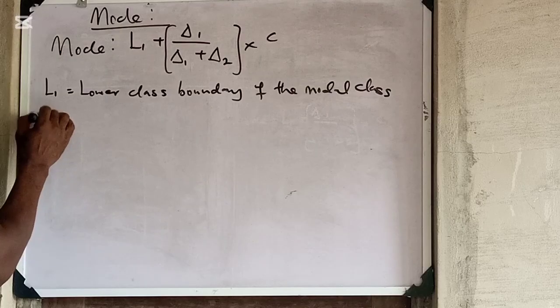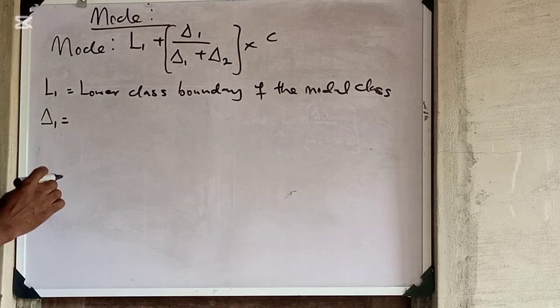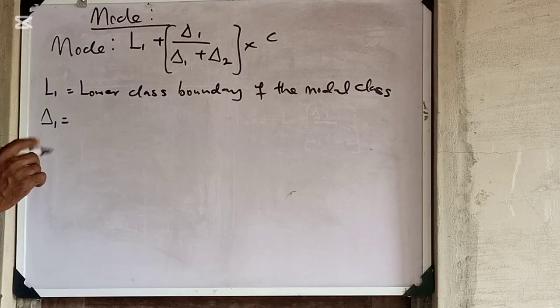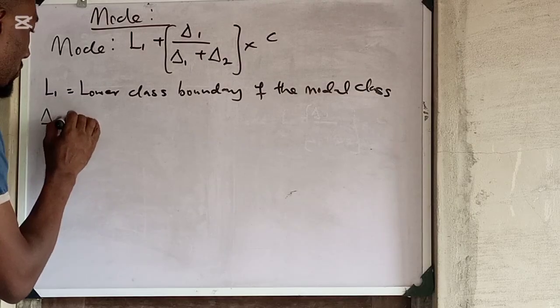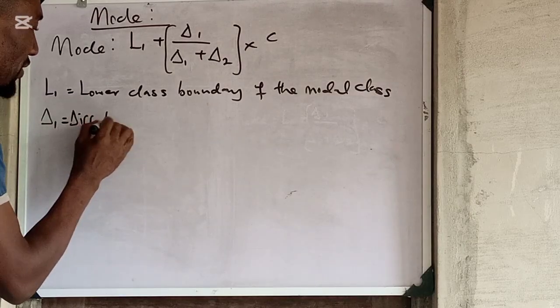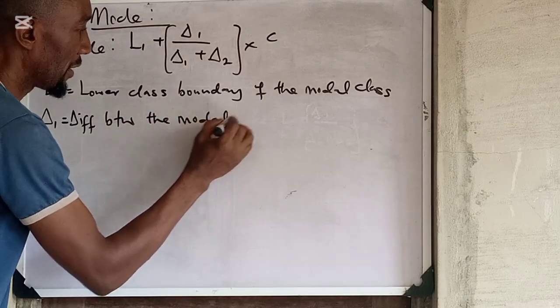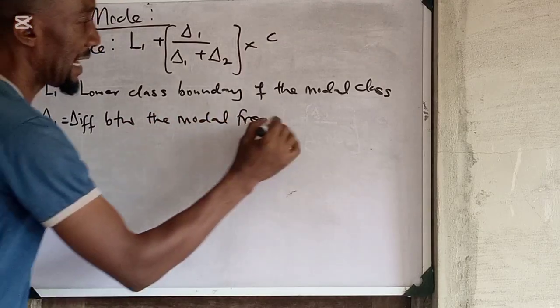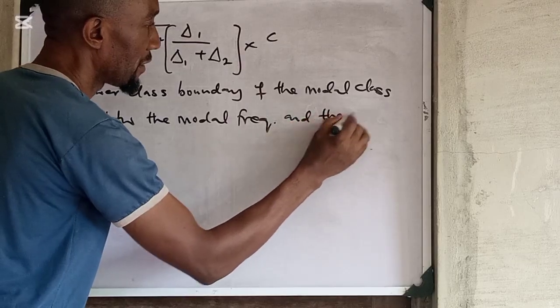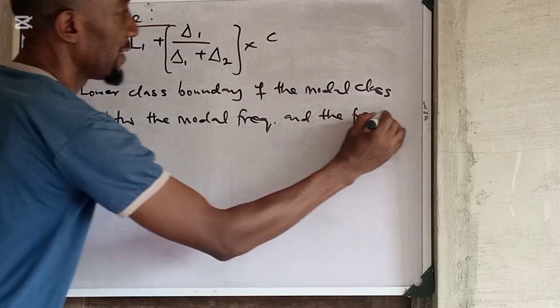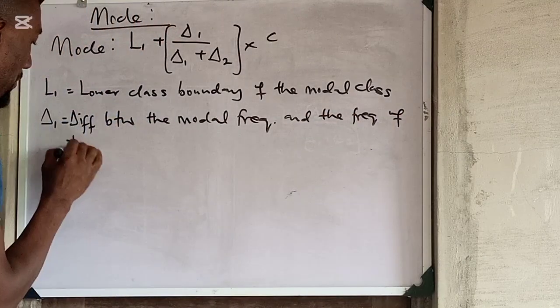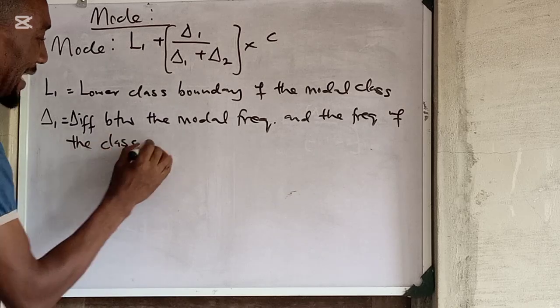Then here we have delta 1. Delta 1 simply means the difference between the modal frequency and the frequency of the class before it.